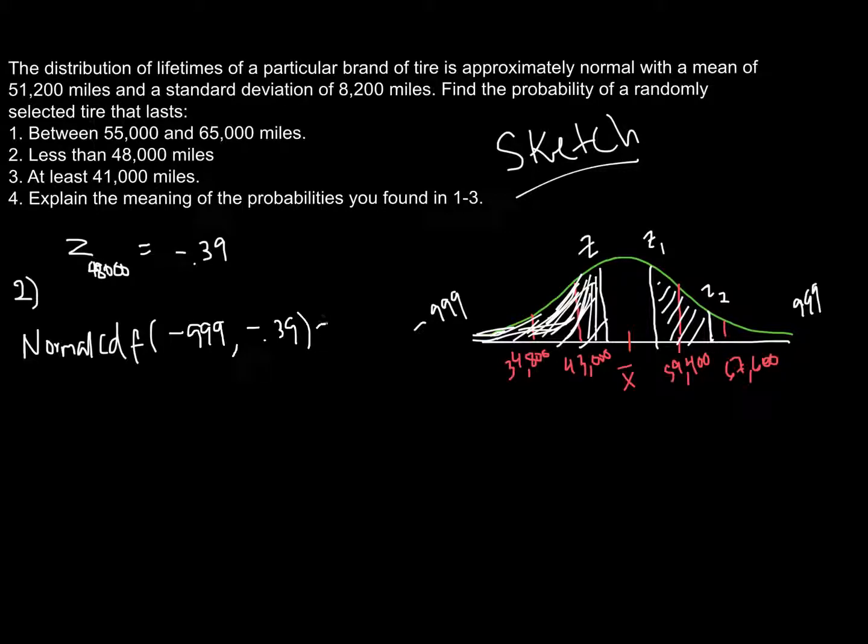And this is going to be approximately 0.348. So that's the probability of getting a tire that will last less than 48,000 miles. In other words, we expect this to happen 34.8% of the time, right?